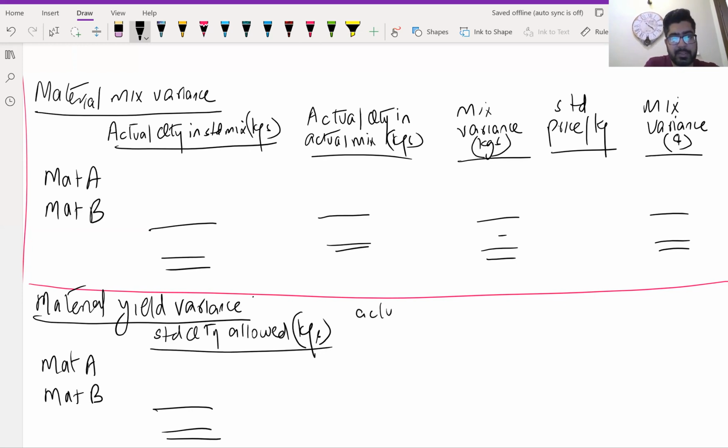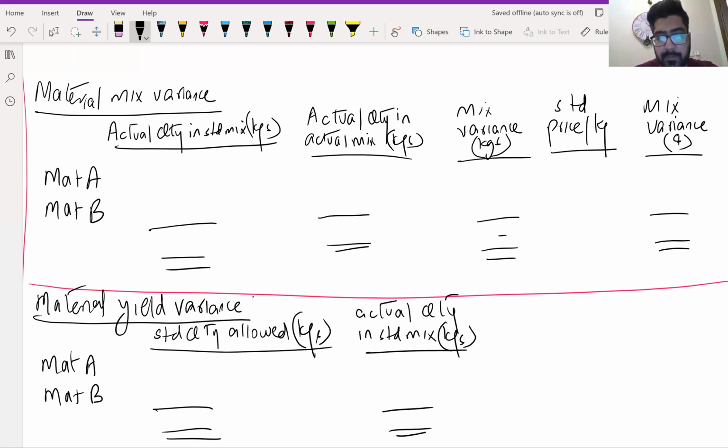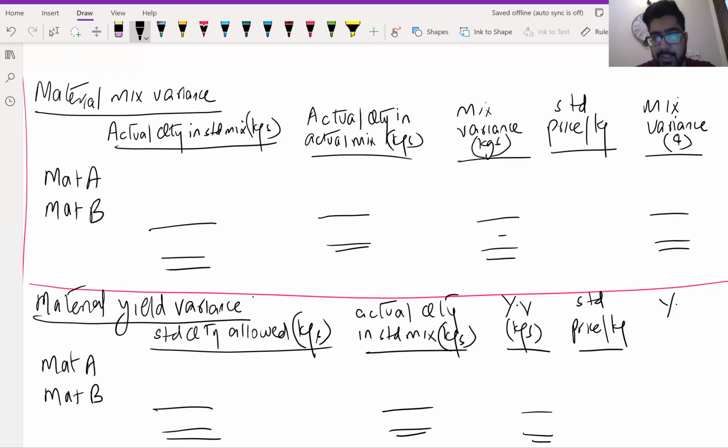The second is actual quantity in standard mix kgs. We get yield variance in kgs. We multiply it with standard price per kg, and we get yield variance in monetary value.